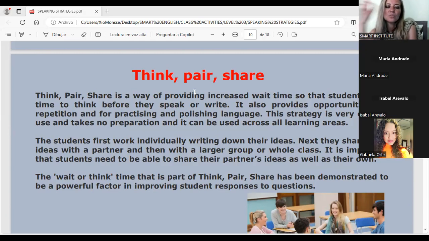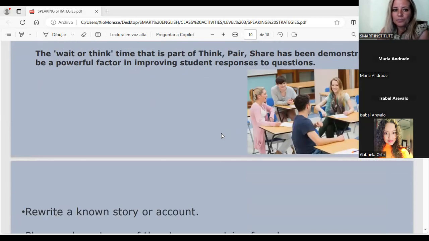Give them time to write, and then you can give the instruction: please talk about this topic with your partner, and then when I clap, you're going to find another friend, and when I clap again, find another friend and talk about this topic with your class. Okay, that is think, pair, and share.